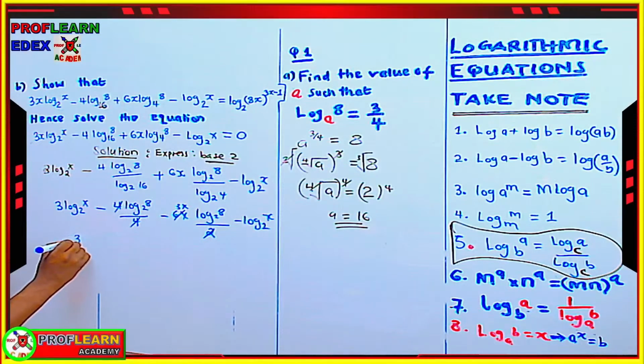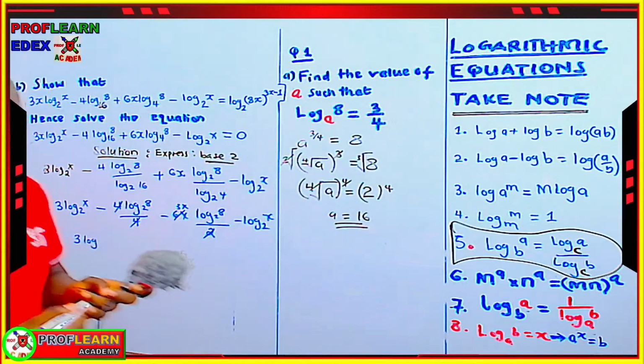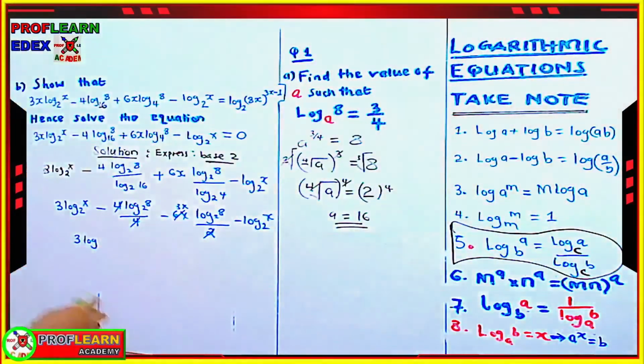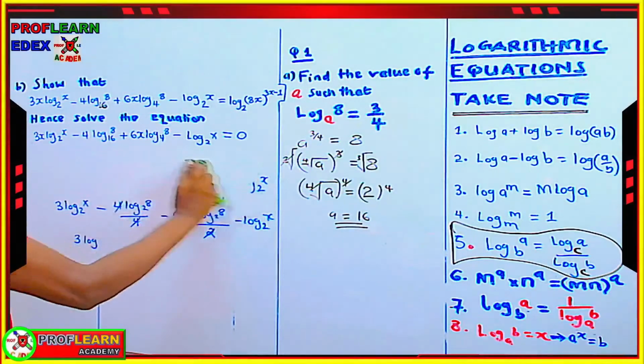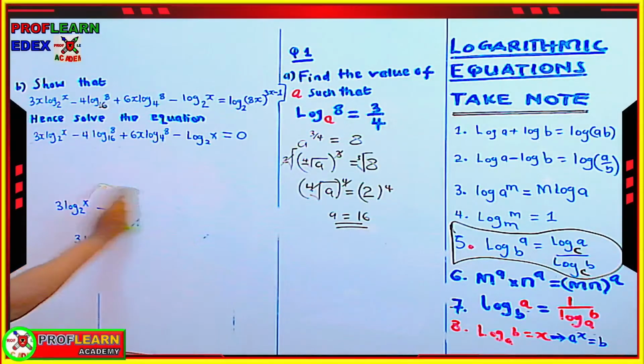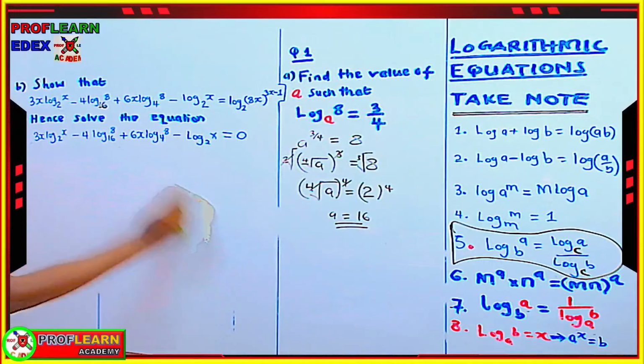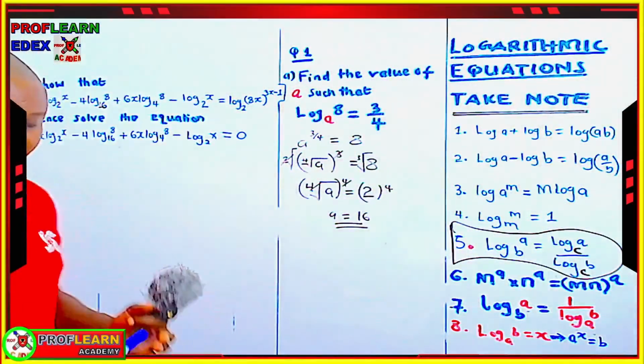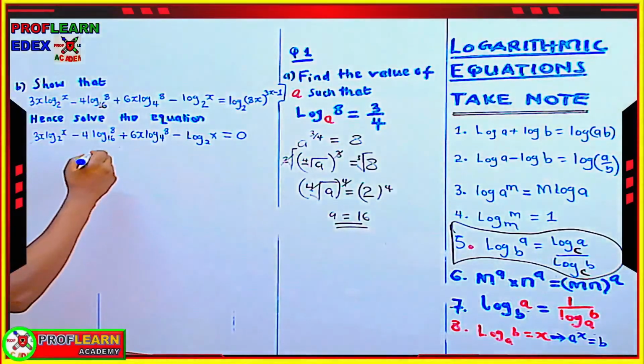So for us to express that, you need to remember that if you're having log a base b and you want to introduce a new base that was not there, you are going to say log a over log b, then you introduce that base that you want to introduce.